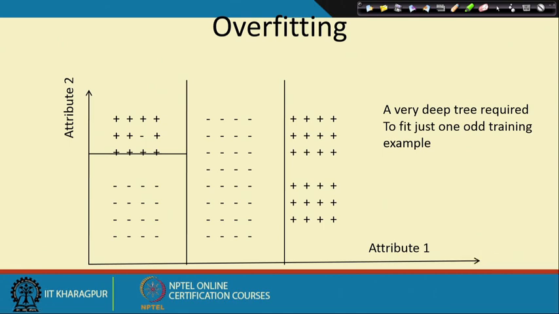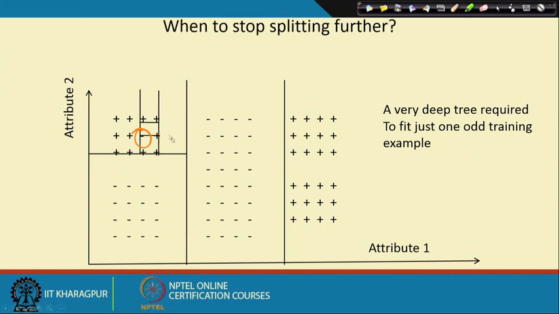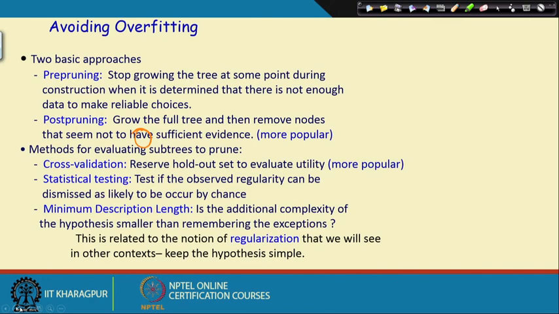I explain this, suppose there is a noise, this point is a noise. If I keep on splitting it, to fit that, I will have to draw a few more lines to correctly get a pure leaf, and I will have a deeper tree.